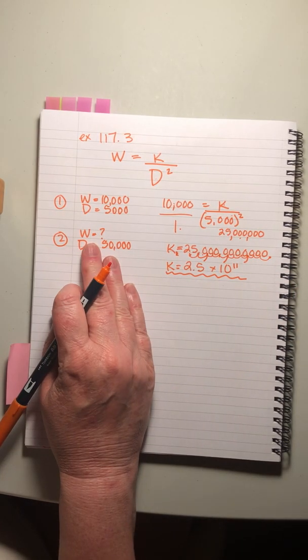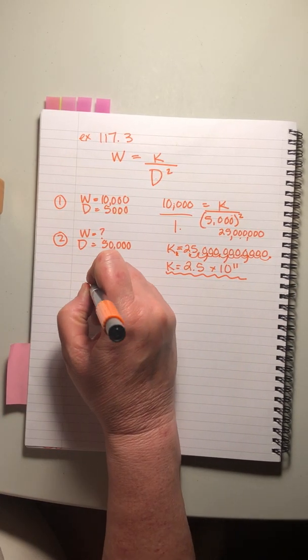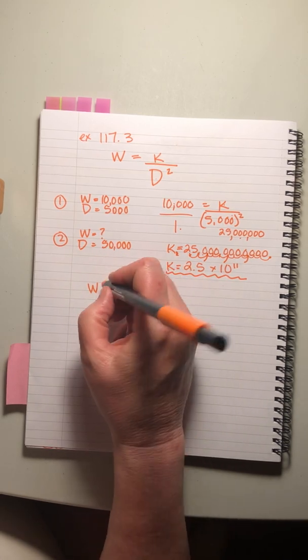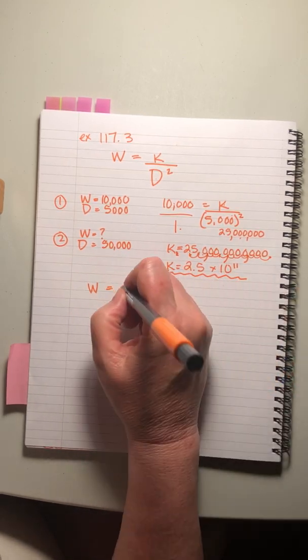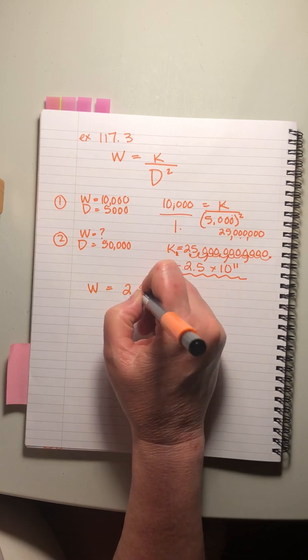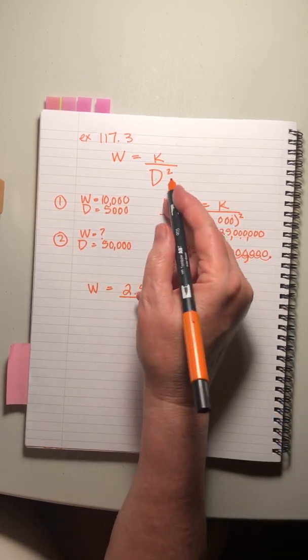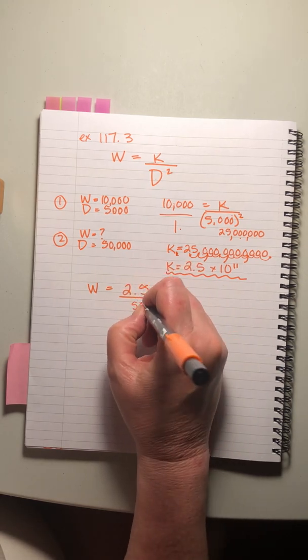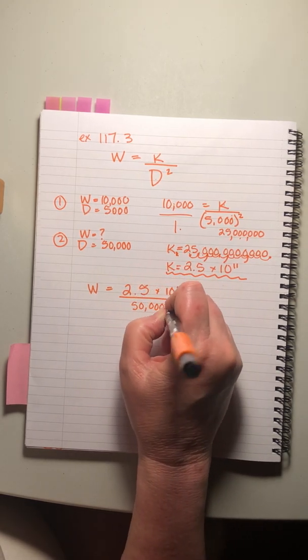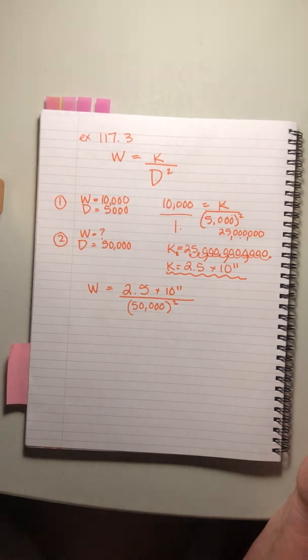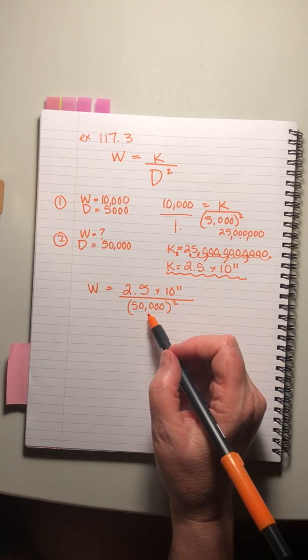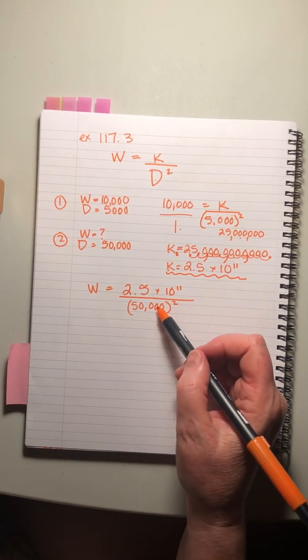All right, so now we're ready to do this one. What is the weight when the distance is that? Okay, so I'm going to write this 2.5 times 10 to the 11th over, now I have to square it, right? 50,000 squared. This is going to be a big number too. Let's write this in scientific notation.